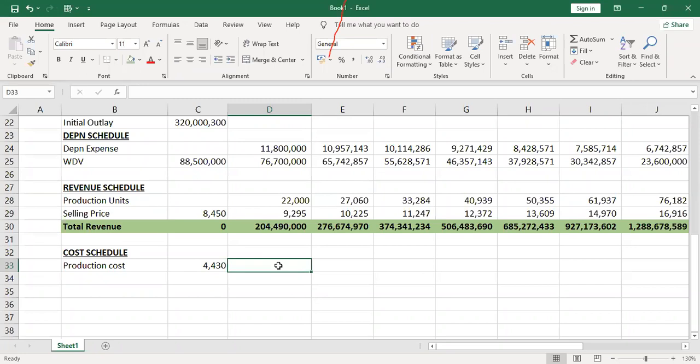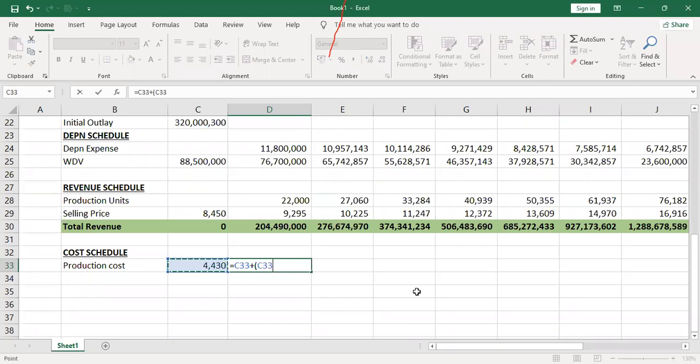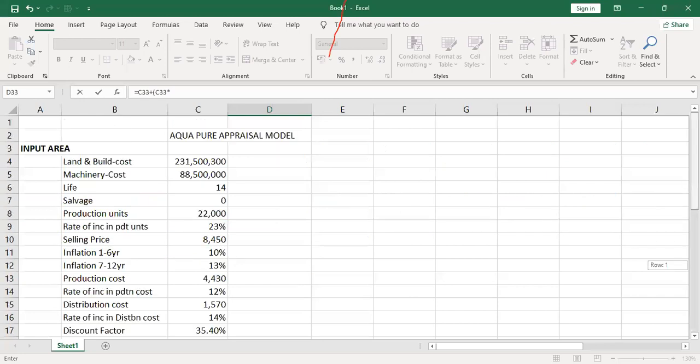How do you get the production cost in year 1? It will be equal to the production cost in year 0 plus, open brackets, the production cost in year 0 times the rate of increase in production cost, which is under the input area. And then we fix it.